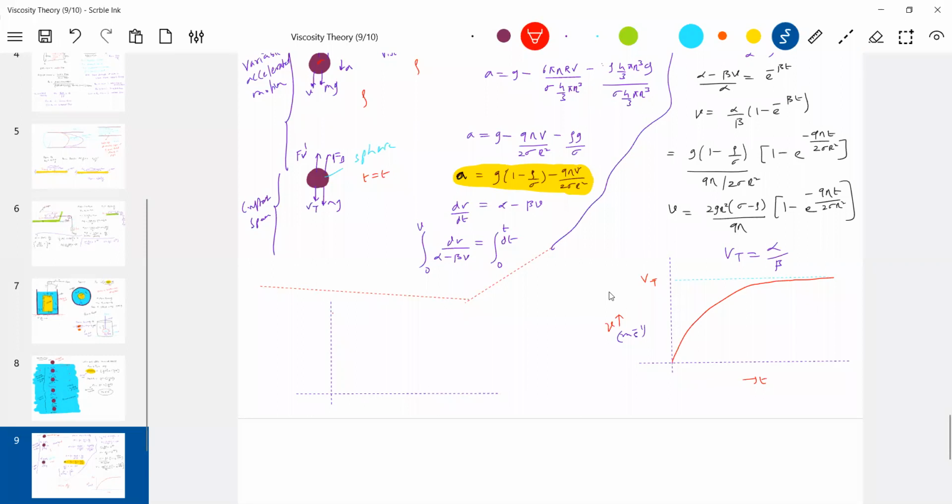And finally, when V reaches terminal velocity, acceleration should become zero. So this is the slope. This is acceleration as a function of the velocity or speed of the bob. Once the velocity of the bob equals terminal velocity, acceleration becomes 0. So any graphical questions can be asked here.